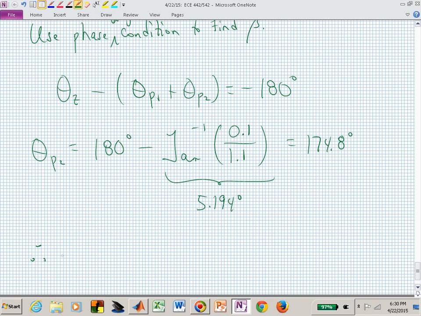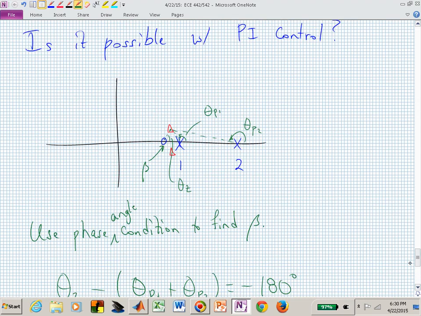Now, theta sub z, what is theta sub p sub 1 as an angle? If we did it the same, we would say, oh, it's 180 degrees minus, how high are we going to get to that triangle from that pole at 1? What's the vertical change that we're going through? 0.1, right?